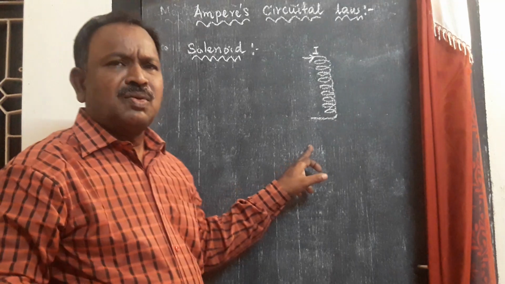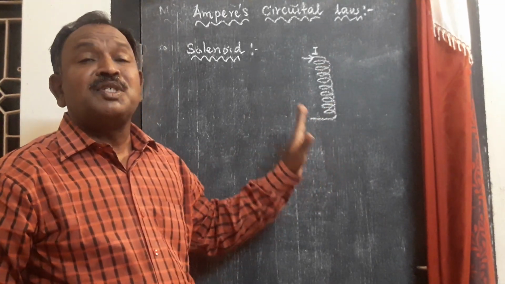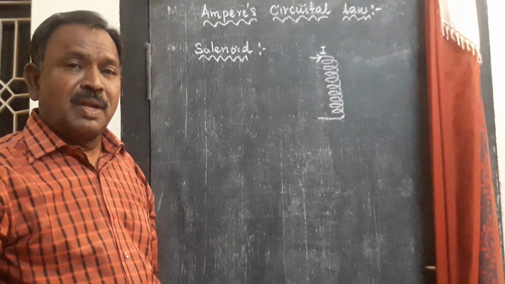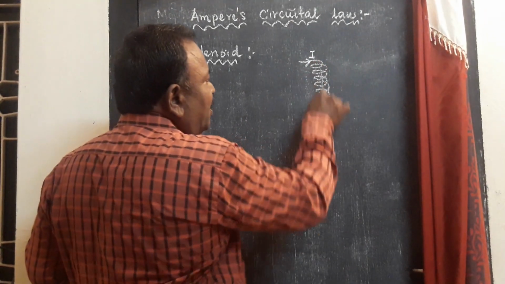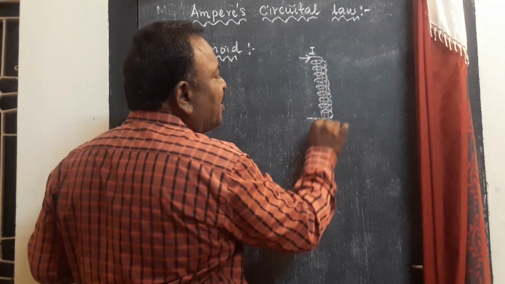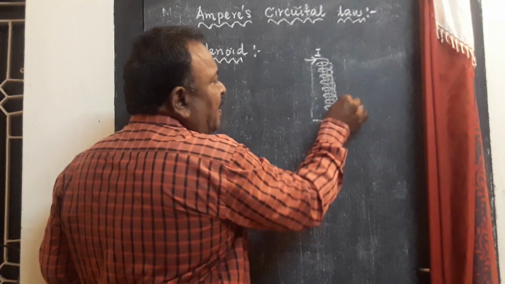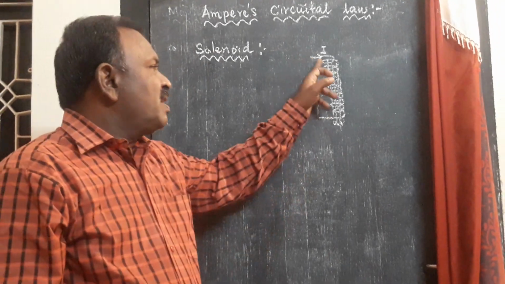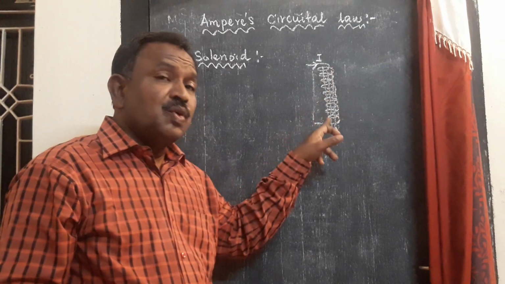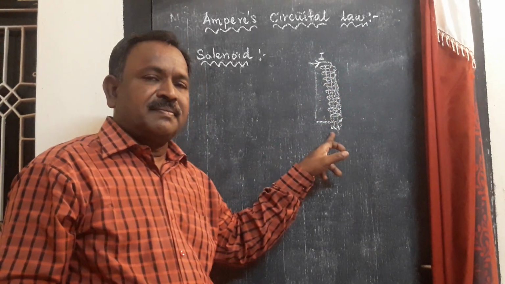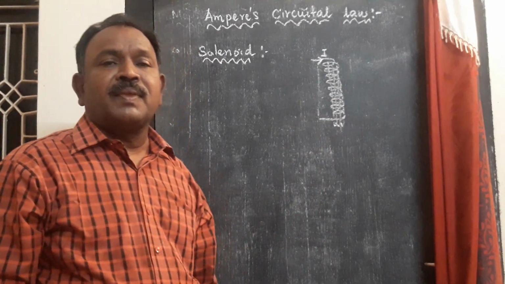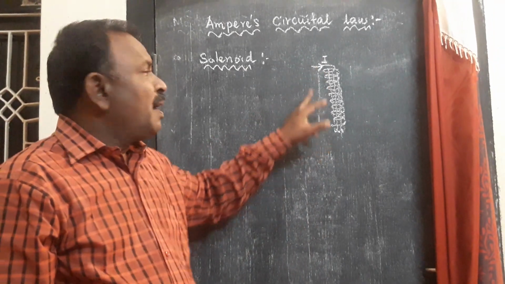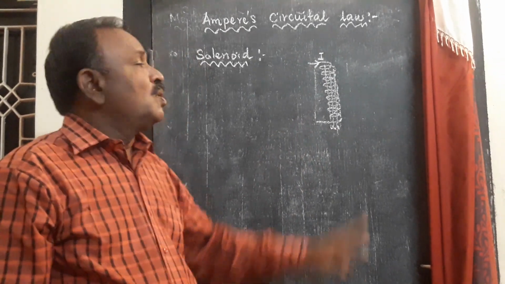When current passes through the solenoid, the region inside the solenoid has a uniform magnetic field, and outside the solenoid the magnetic field is negligibly small.